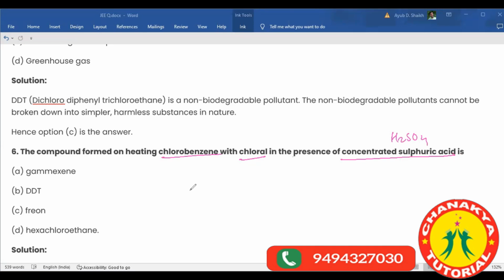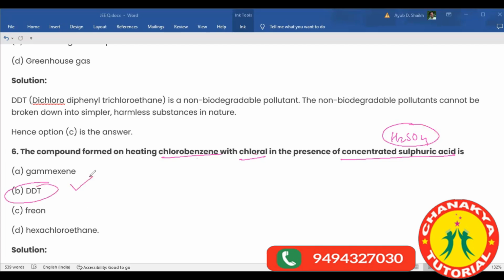It will be gammexane, DDT, freon, or hexachloroethane. Question 6. Chlorobenzene, chloral, in presence of H2SO4. This process is the formation of DDT.